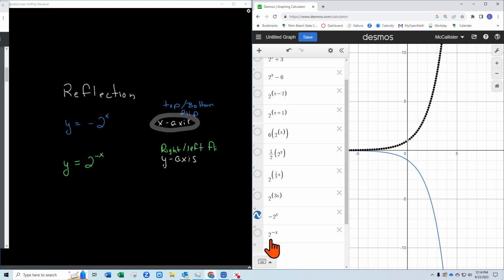And then when you change the exponent to a negative, that is a left-right flip around the y-axis. Hopefully this helps with the reflections and other transformations. And just one note, this is true for any base b that you have.